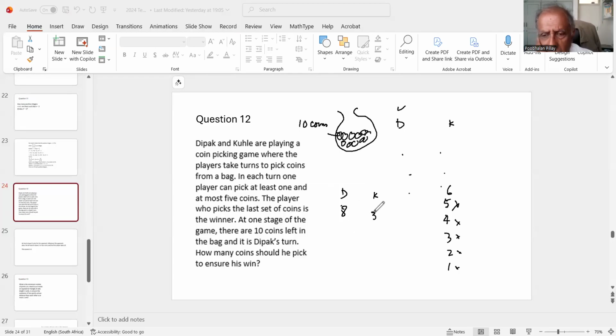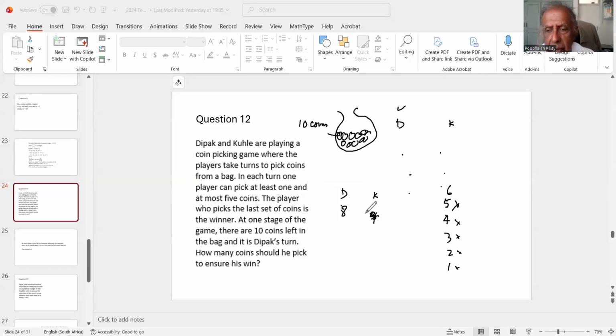If he takes 4, Deepak still wins because he's left with 4. And if Kushla takes 3, right, now Kushla can take at most 5, so he can't take more than 5.